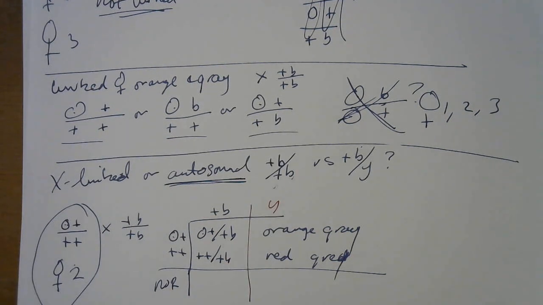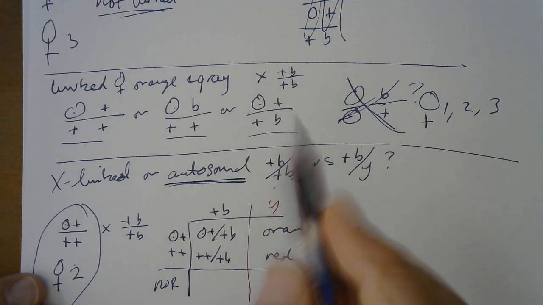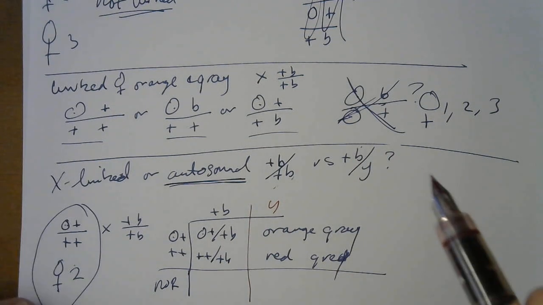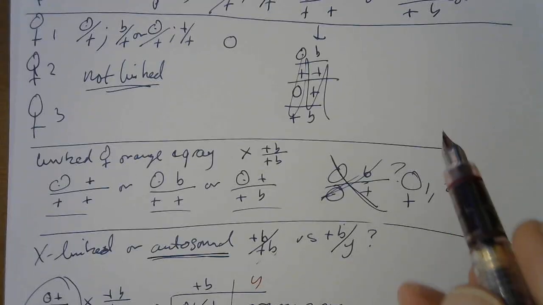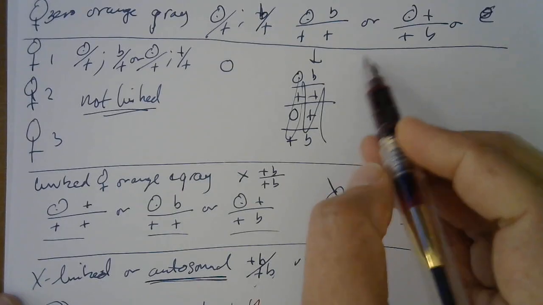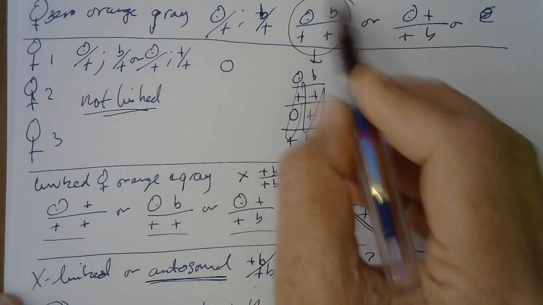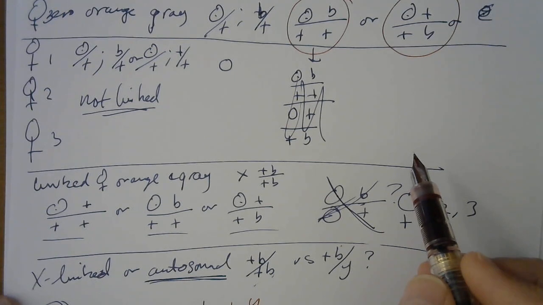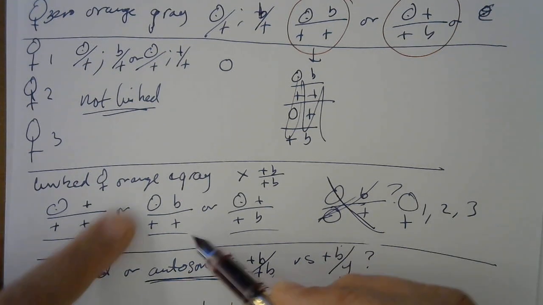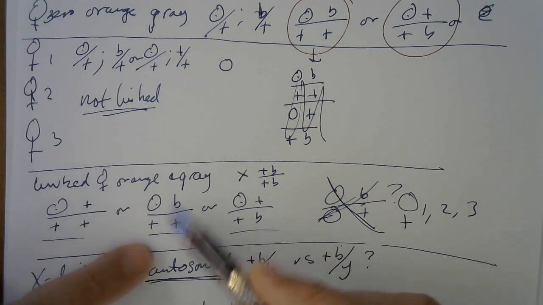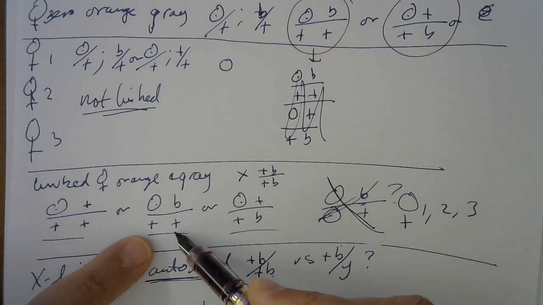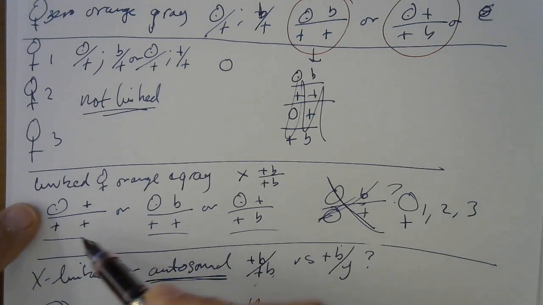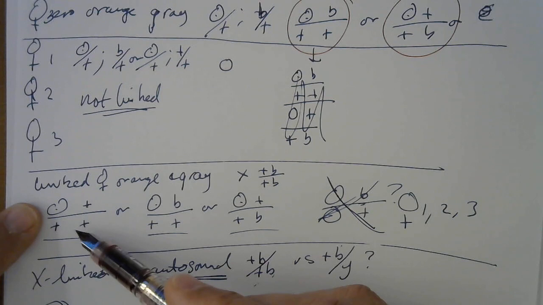So in this case, female 0, who we decided could be this and this only, because she has different fathers, she can produce these 2 gametes, and with a wild type father, she could produce by crossing over this gamete.